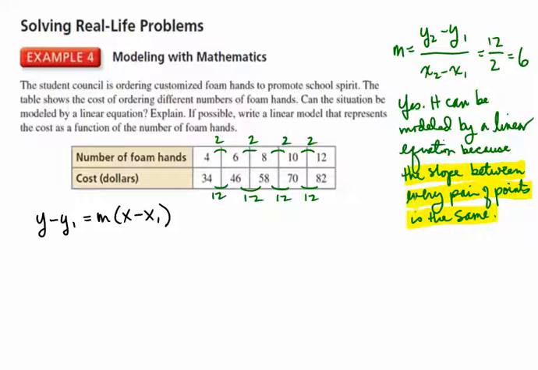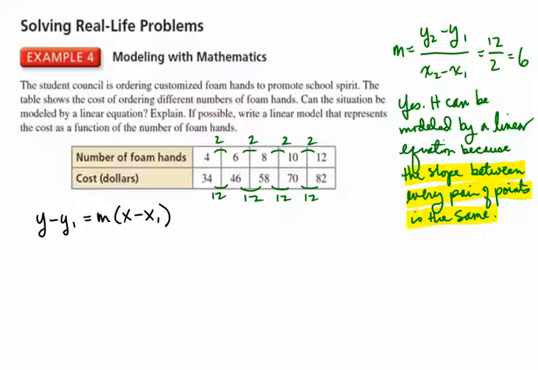If the slope between one pair of points was not the same as the slope between any other pair of points, then all we need to do is show that the slope between two pairs of points is not the same, and we would know that the data could not be modeled by a linear equation.